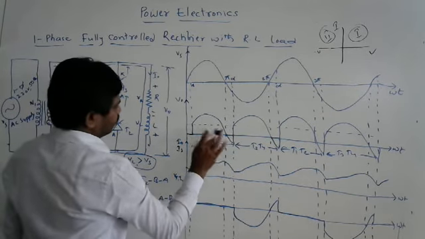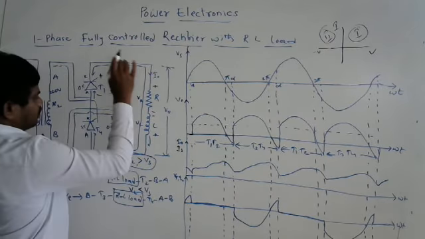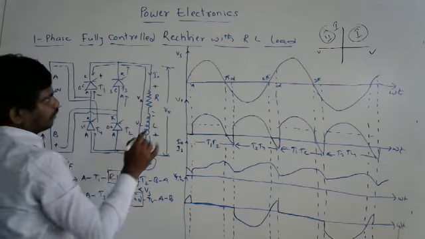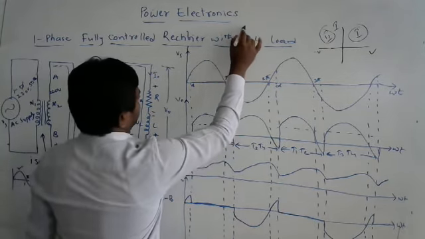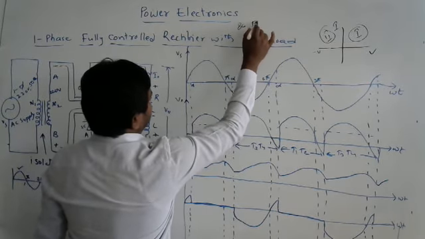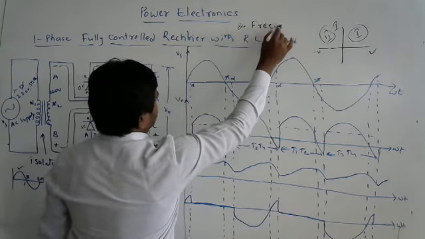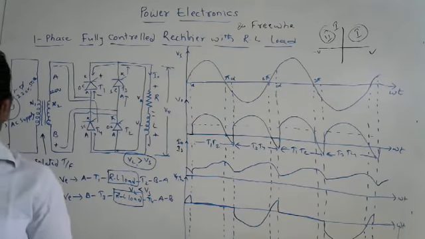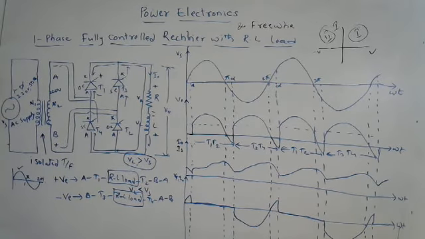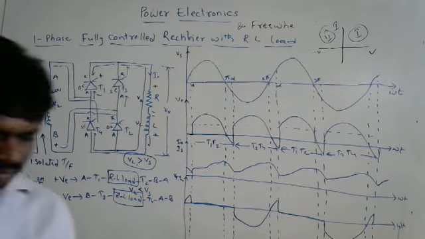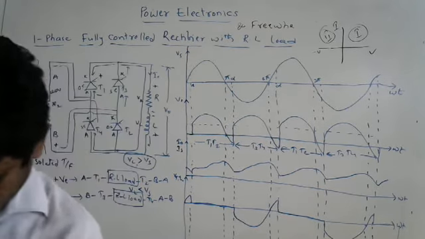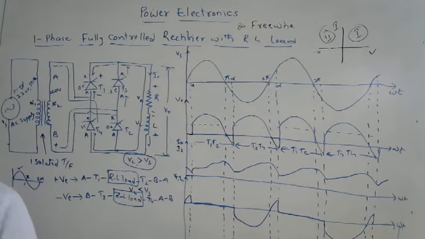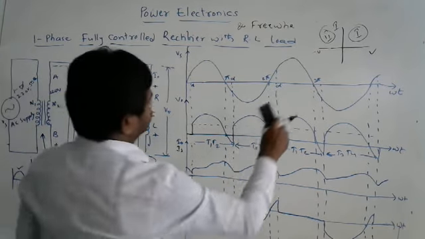That's why, to the same circuit, I am going to add one freewheeling diode at the output side, which gives us a good operation.